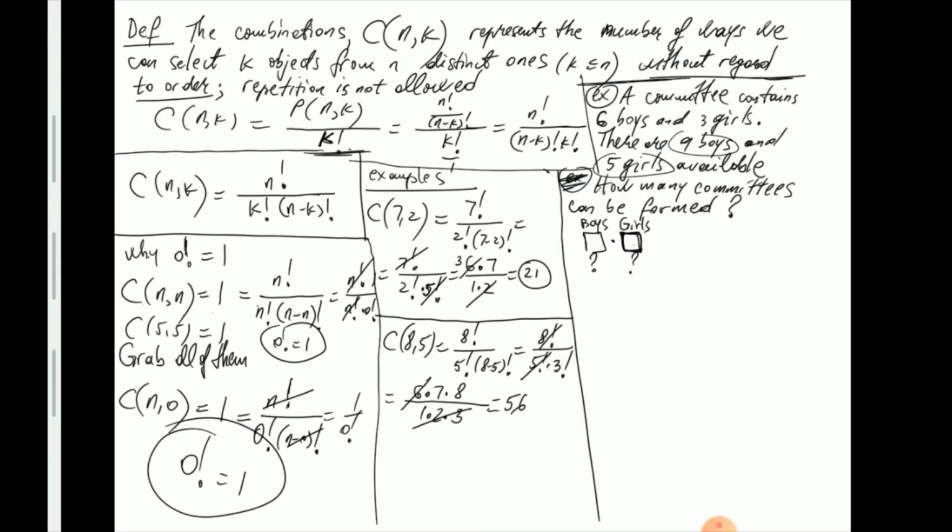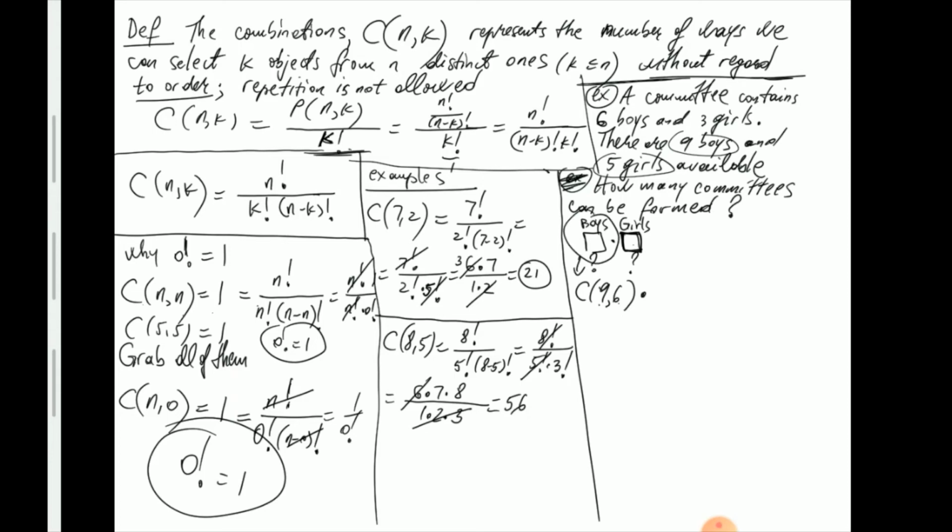Since ordering doesn't matter, the question is in how many ways can you select 6 boys out of 9 boys in which ordering doesn't matter? Well, that's given by the combination n comma 6. So 6 boys out of n available, ordering doesn't matter. That fulfills the number of possibilities for the first slot.